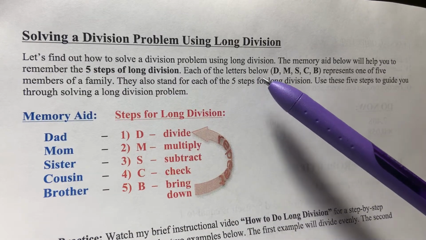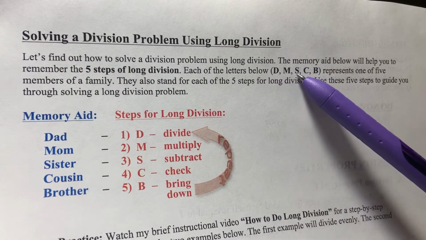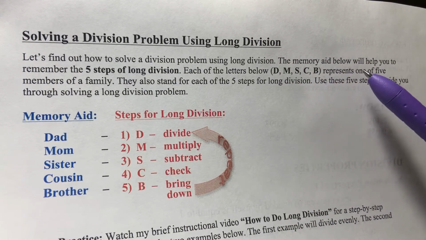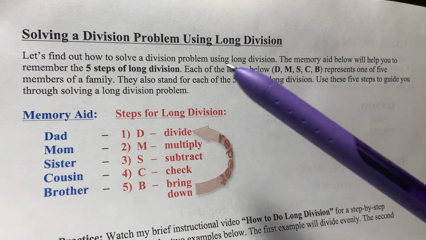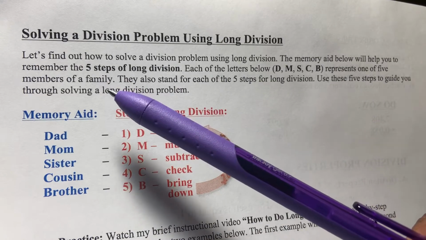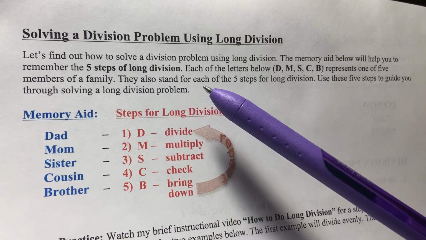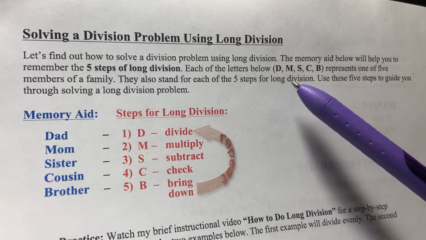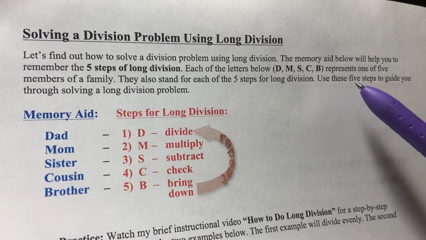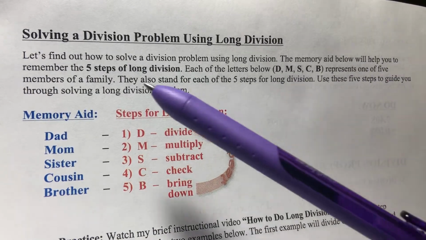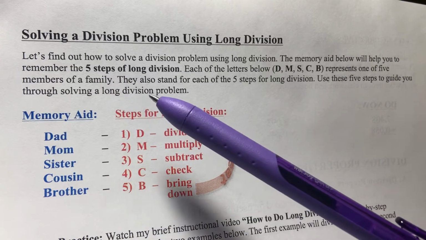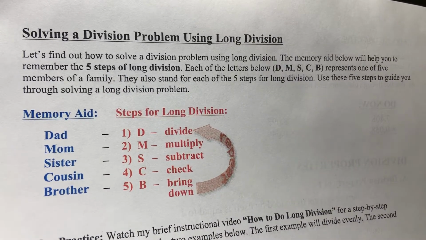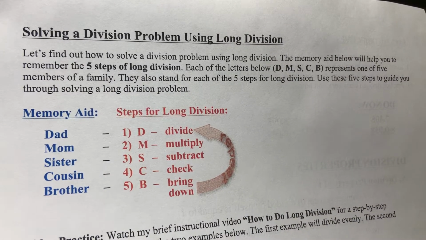Each of the letters below, D, M, S, C, B, represents one of 5 members of a family. They also stand for each of the 5 steps for long division. Use these 5 steps to guide you through solving a long division problem. Let's take a look at the memory aid first.